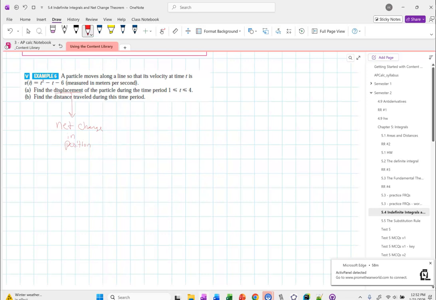Just means net change in position, right? So where are you at the end minus where are you at from the start? The difference in those two is your change in position. Everybody agree?